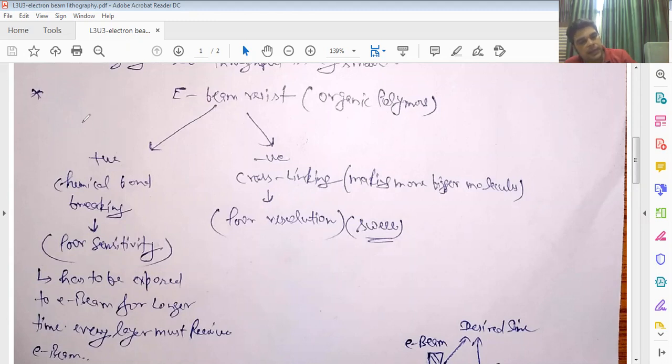So every layer of this resist has to be exposed with the electron beam. Every layer of this positive electron beam resist should be exposed with the electron beam for longer time. So it takes longer time. Every layer must receive the electron beam.